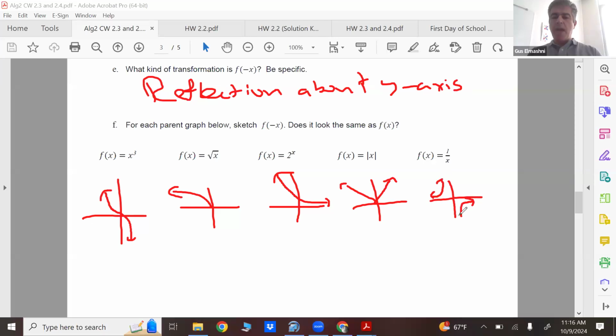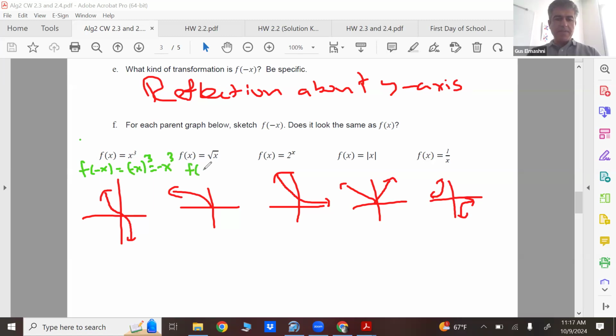So what I'm showing you right now is what happens when you flip about the y-axis. For example, if I do f of negative x, that becomes this.